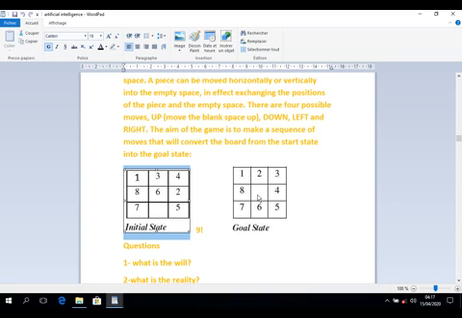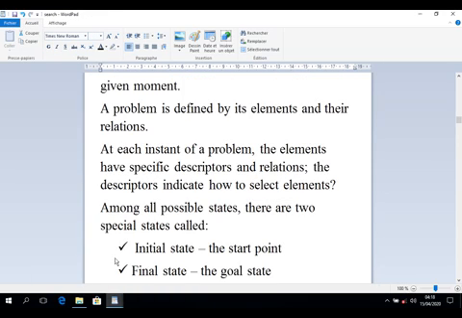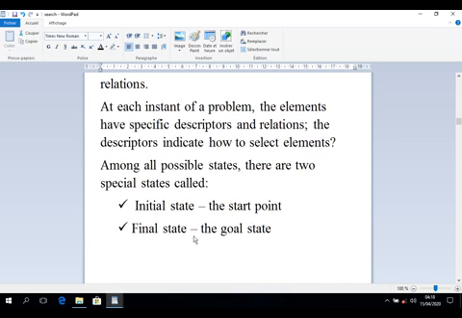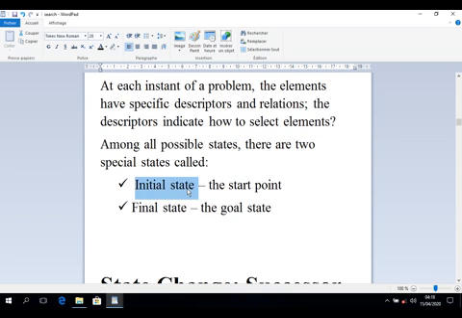You can only move up, left and right. But when the empty space is in the middle, you can move up, down, left, right. But if it is at the corner, for example, the top left corner, we can only use the down and the right operators. So those are the descriptors.